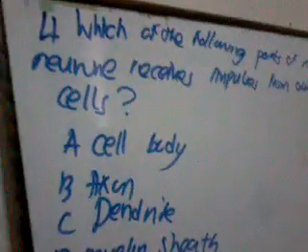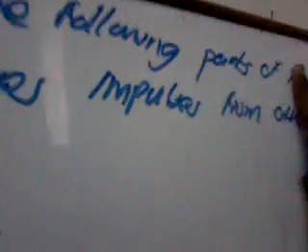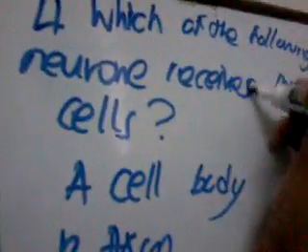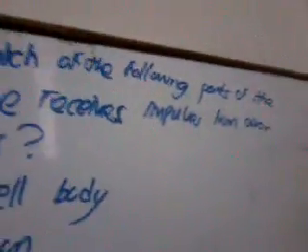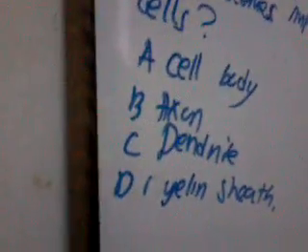Question number 4. Which of the following parts of the neuron receives impulse from other cells? Option A, cell body; B, axon; C, dendrite; D, myelin sheath.